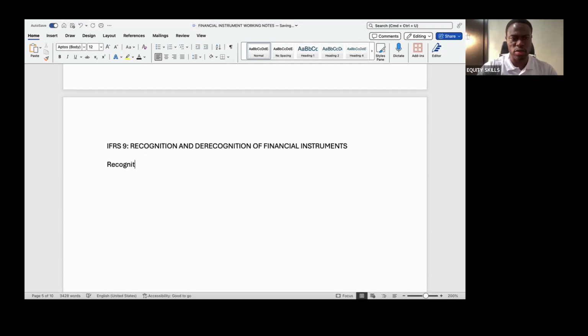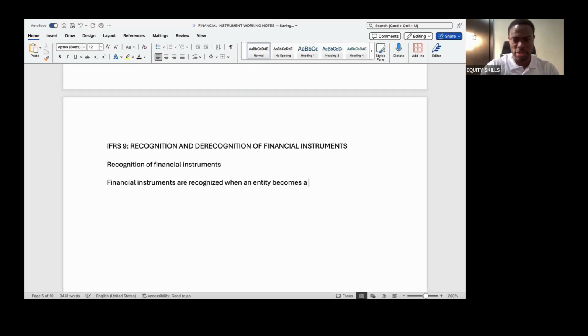Starting with recognition of financial instruments. Financial instruments are recognized when an entity becomes a party to the contract.